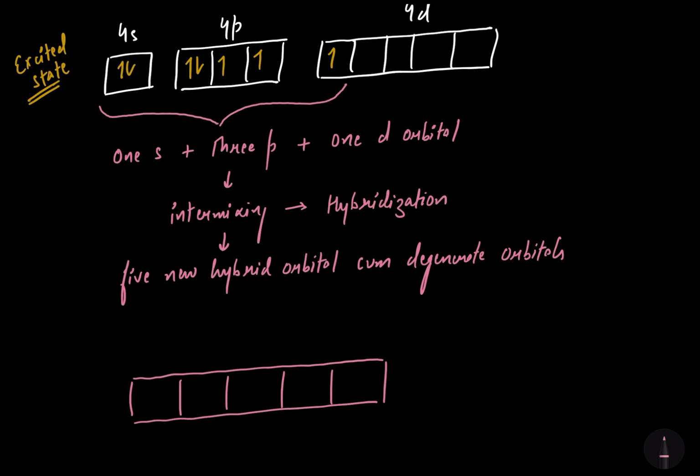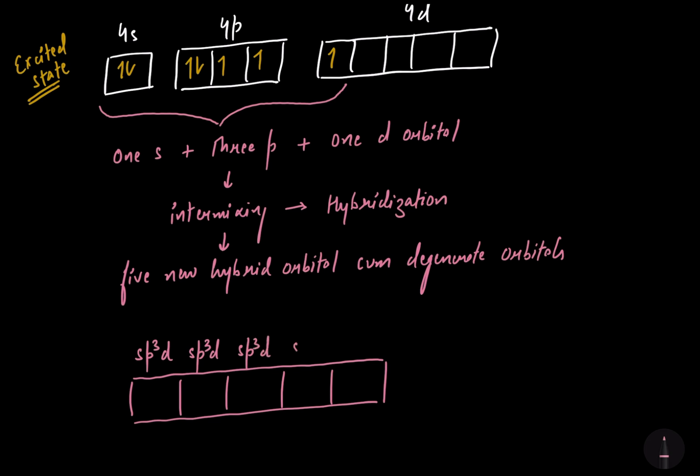So here we got the 5 new hybrid orbitals, and the name of the hybrid orbitals will be, given the involvement of 1s, 3p and 1d, sp3d hybrid orbital. The second orbital is also an sp3d hybrid orbital. The third one is also sp3d.